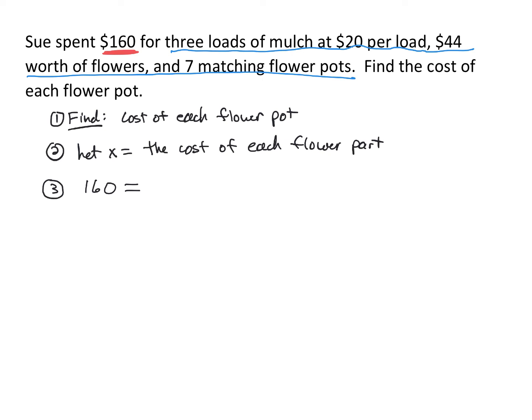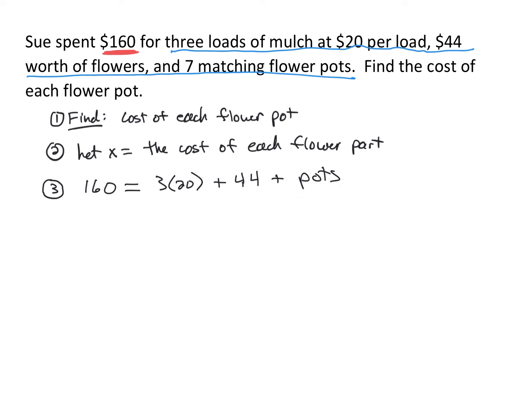We have 3 loads of mulch. Each one of those was $20. Plus we had $44 worth of flowers. Plus we had the pots. Okay, I'm going to erase that in a second, but let's just kind of think through that. Here's the mulch, here's the flowers, and then however much money we spent on the pots.